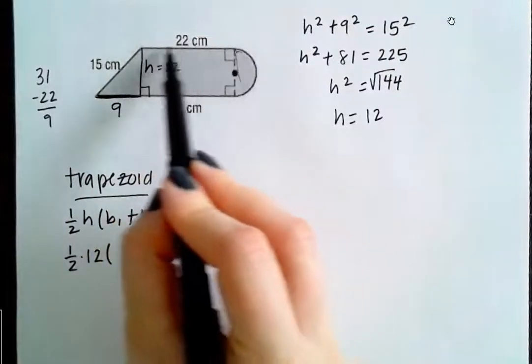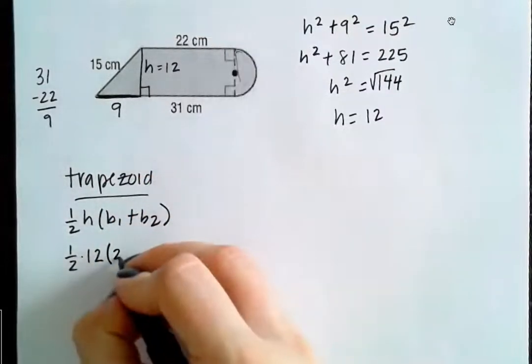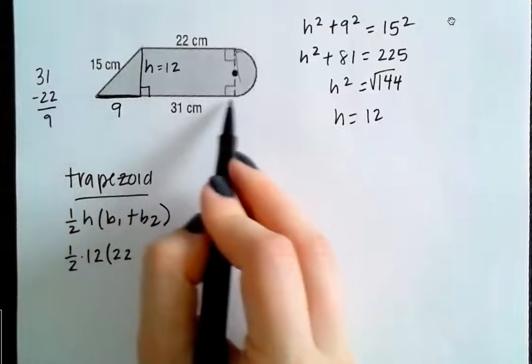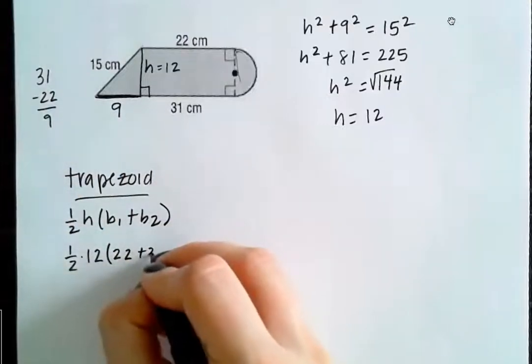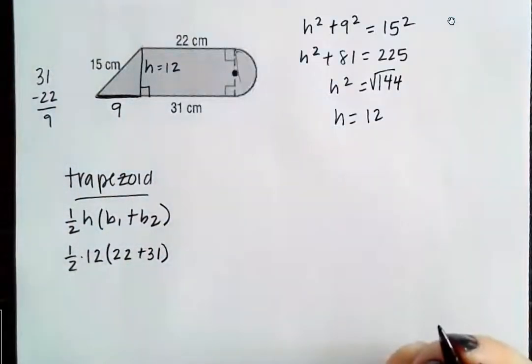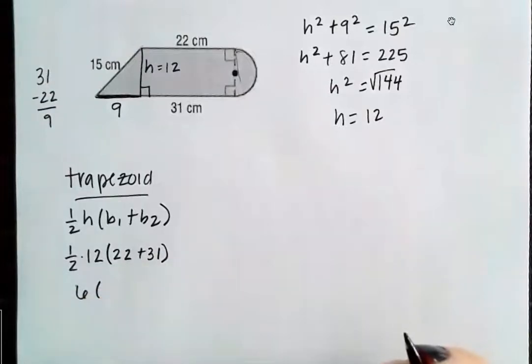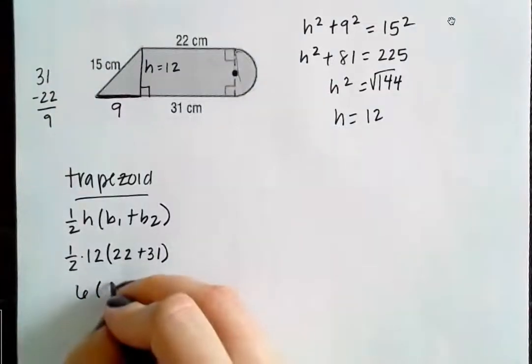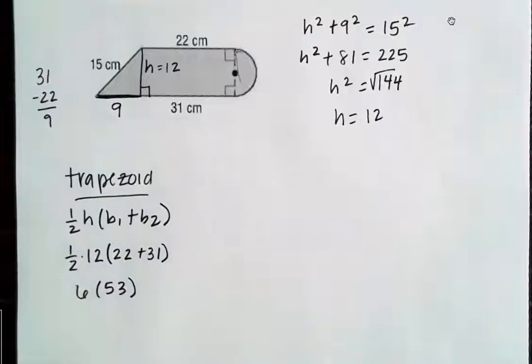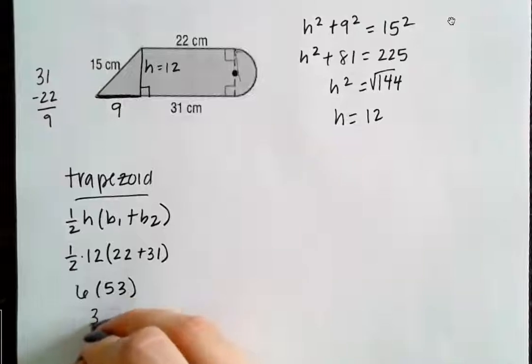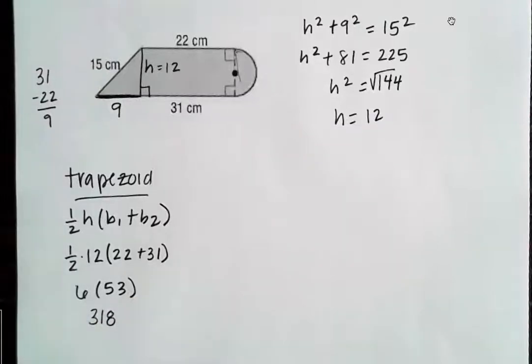Our top base is 22. Our bottom base is 31. Half of 12 is 6. 22 plus 31 would be what? 53? 6 times 53, 318. That's wonderful.